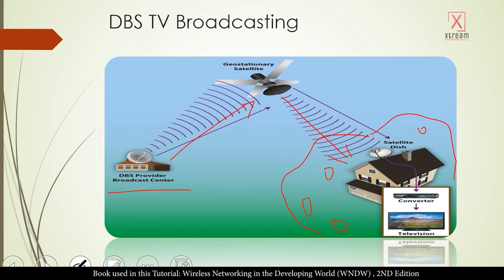When the signal comes down to the house, the dish will send the signal to the receiver, and the receiver will then decode the signal and convert it into graphical pictures or videos.